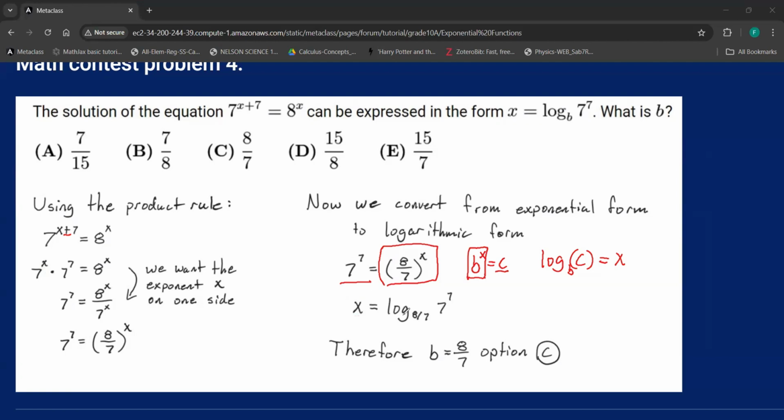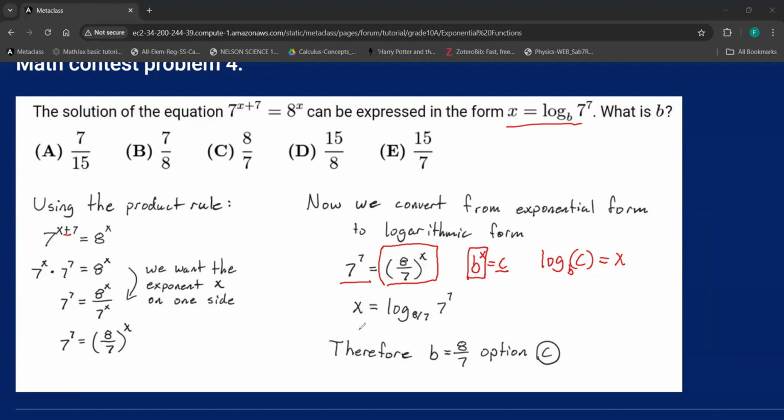And you have log, since this is the base of the exponent I want to figure out, right? So log base 8 over 7 of 7 to the power of 7, right? And we are asking for it in this form, right? That's why I wrote the x on this side.